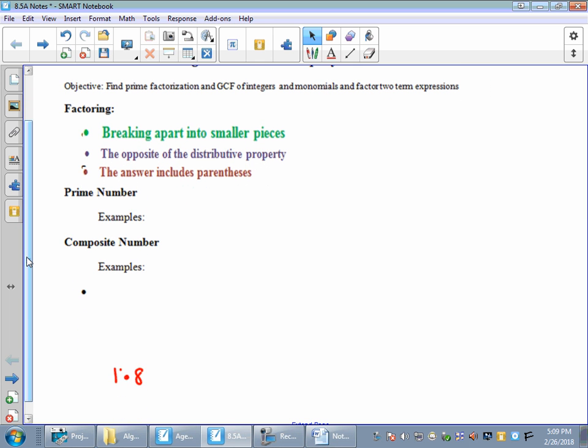However, before we get to factoring, we've got to talk about some of those basics. Let's start with prime numbers. Hopefully you've heard about prime numbers before. A prime number is a whole number greater than 1 that has only two factors, 1 and itself.